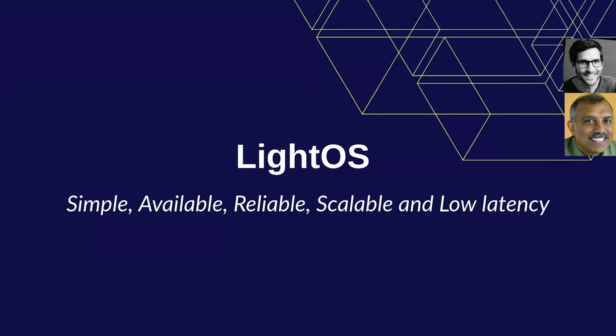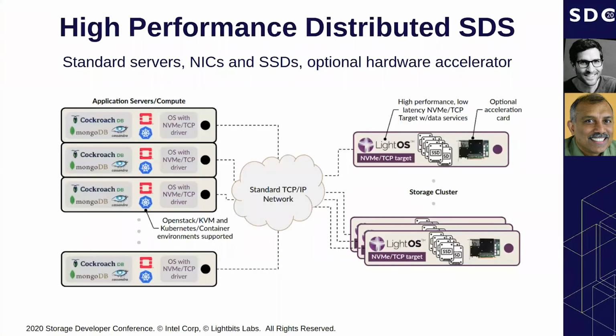Thank you. So we're going to give an example of LightOS, which uses NVMe over TCP as an interface, but provides a number of aspects, among them simplicity, availability, reliability, scalability, and also low latency, especially with ADQ enabled. So if we look at the configuration of a deployment of a LightOS system, on the left we have these application servers.